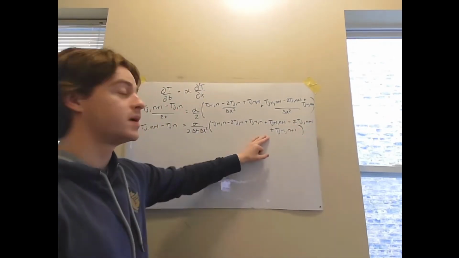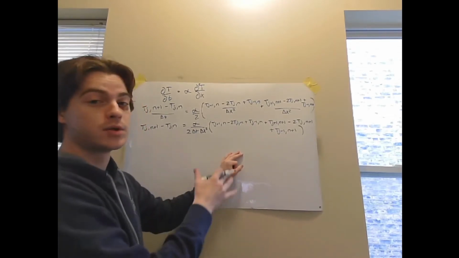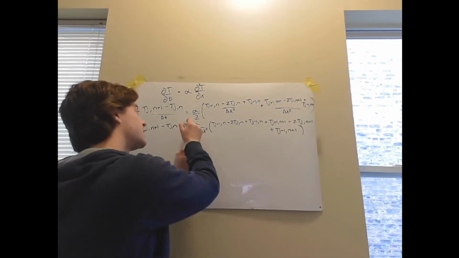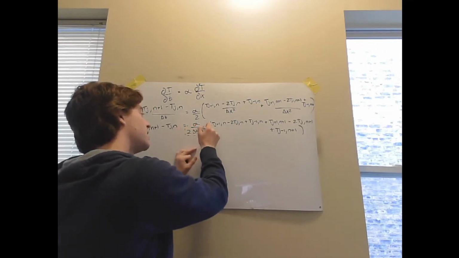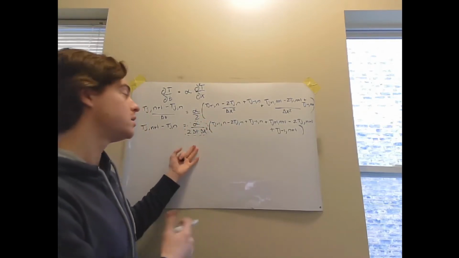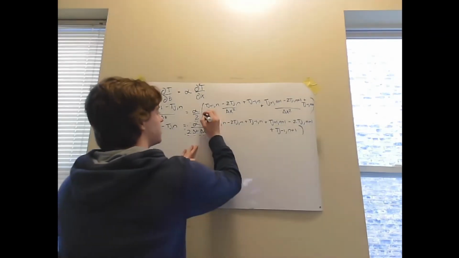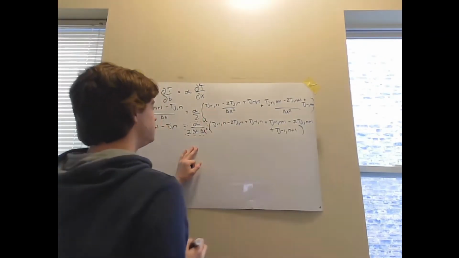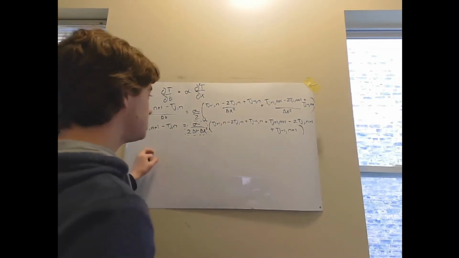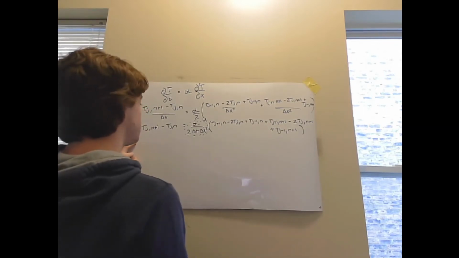And so now from here, we can go ahead and move our unknown temperatures to the left side and the known temperatures to the right side of the equation. Before we do that, kind of similar to our last method, we have this coefficient out front. Most textbooks still call it R, but to eliminate confusion so we don't mix it up with the last method I used, I'm going to call this U.